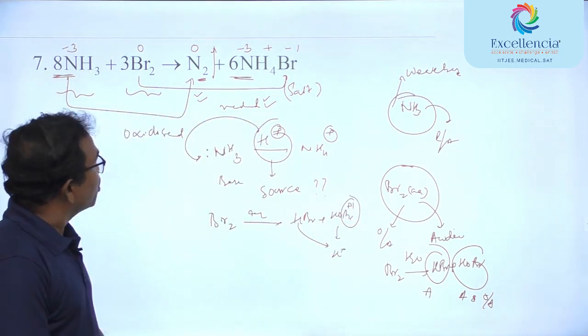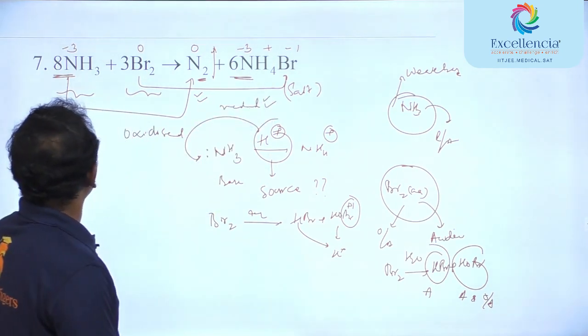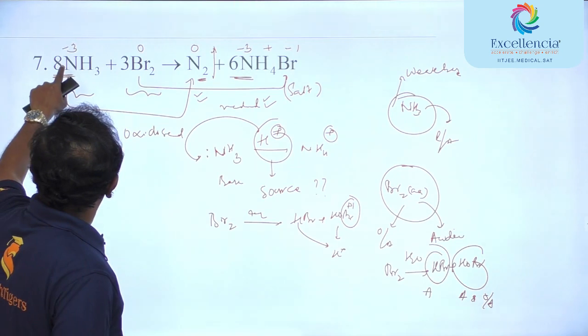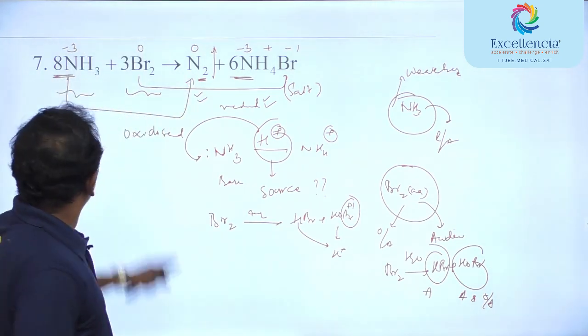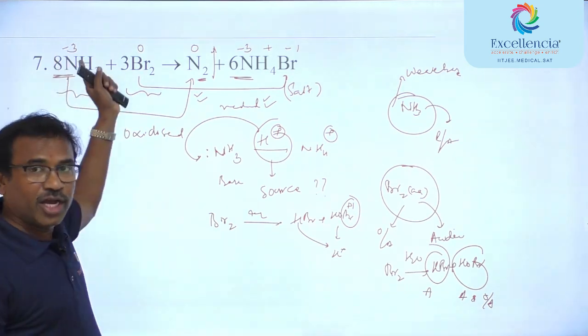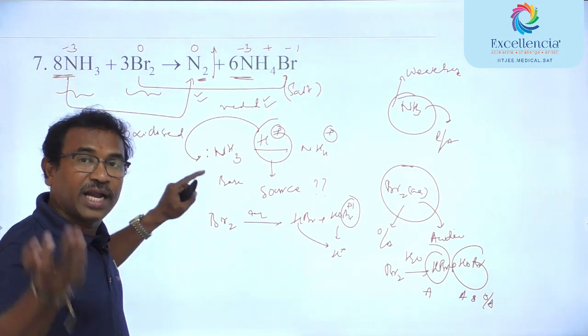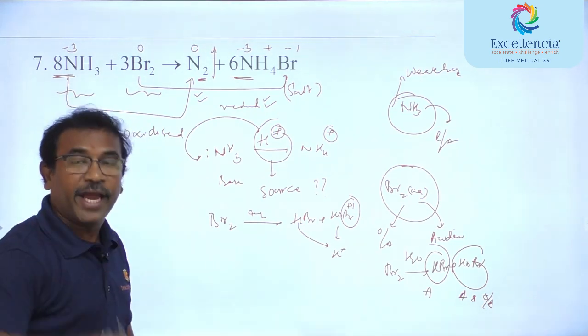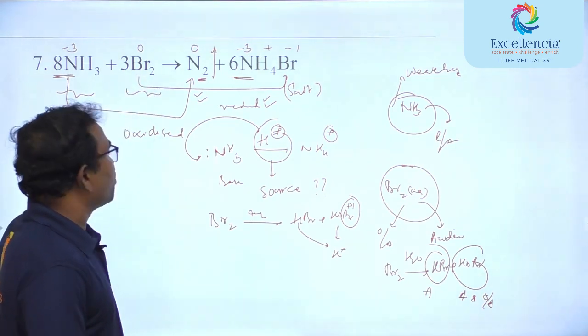Now this is a source. Since we have 6 ammoniums, it implies 2 nitrogens got oxidized, meaning 2 moles of ammonia got oxidized and 6 moles of ammonia are accepting 6 H plus ions from this bromine.